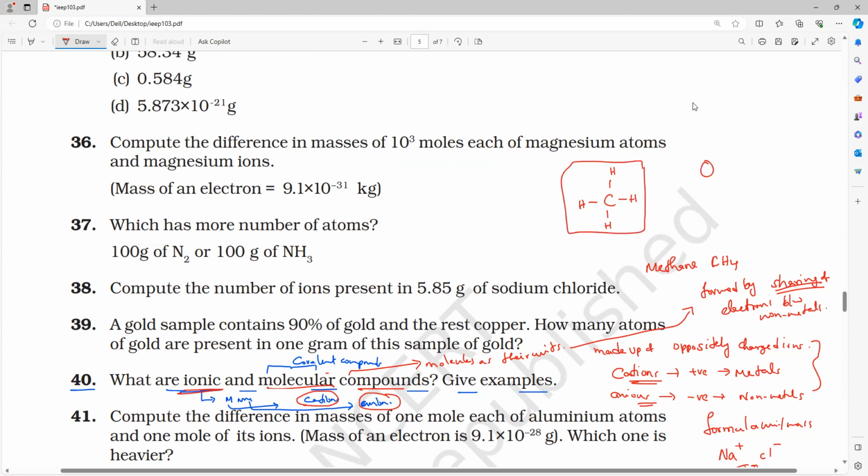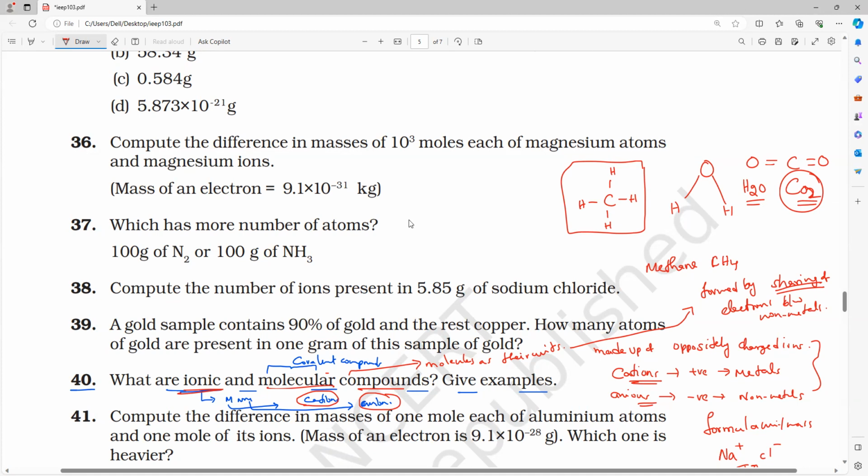If I take water, H2O, they are molecules. They are not formed by donating or receiving electrons, they are just sharing the electrons. That is why they are called molecular compounds, or covalent compounds. Clear everyone? Anybody having any doubt, you can ask me.